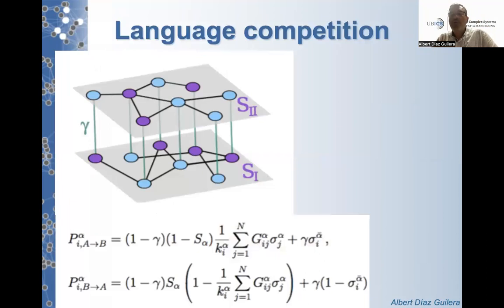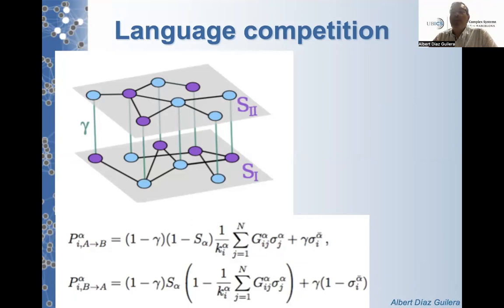For instance, we were also working on a model of language competition, or a model of opinion dynamics competition. Here, the setting is very simple as well. What you have is basically a layer of social interactions in which you speak a language with other people, and then you decide which language you use.